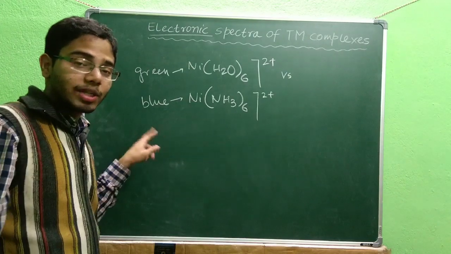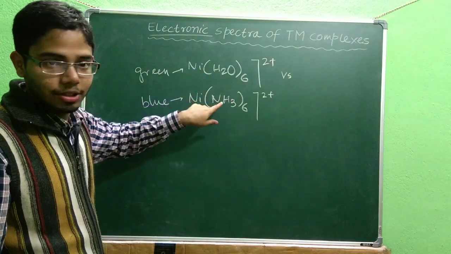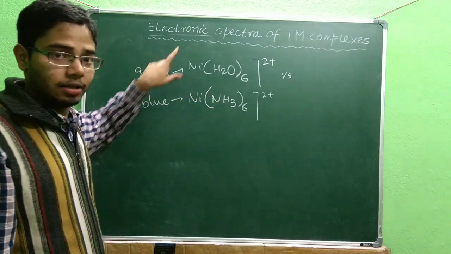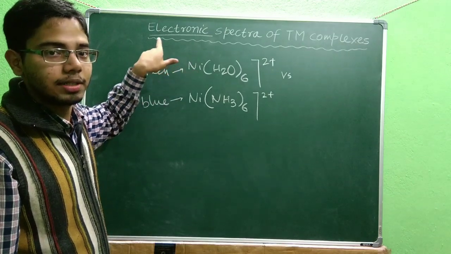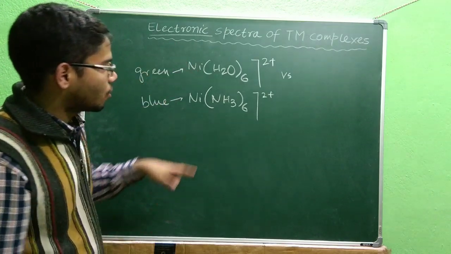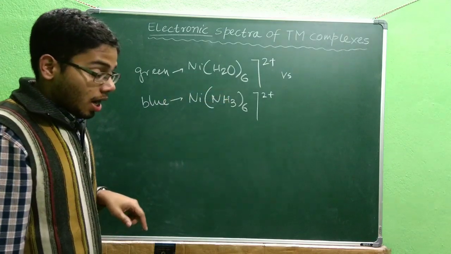That essentially means that it is the ligands which dictate the color of the complex, because in both cases you have the same metal ion in the same oxidation state. So what is playing the role is your ligand molecules.